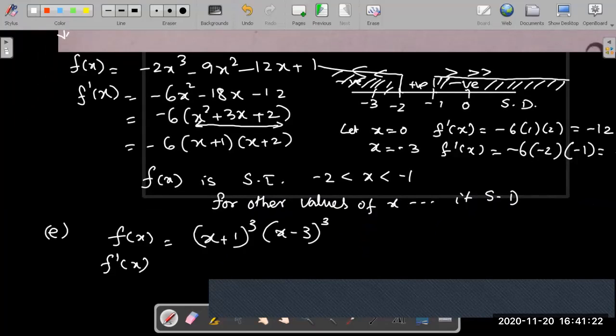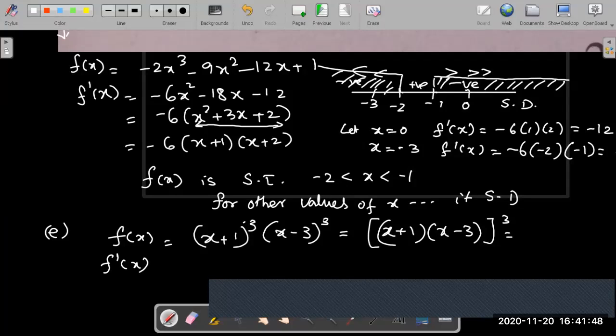Now the question will be, what do we do? Do we do a product rule? How do we differentiate? This is u and this is v. You can do it that way also, or simplify this because both are cubes only. So you will say that x plus 1 times x minus 3 and then put the cube for the whole thing.